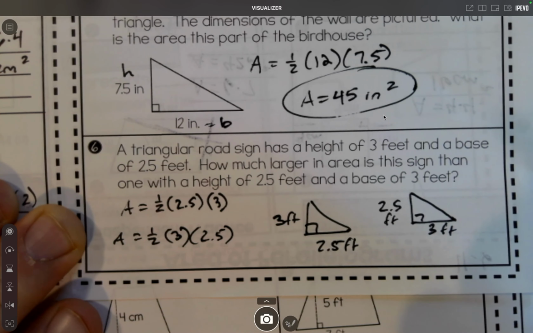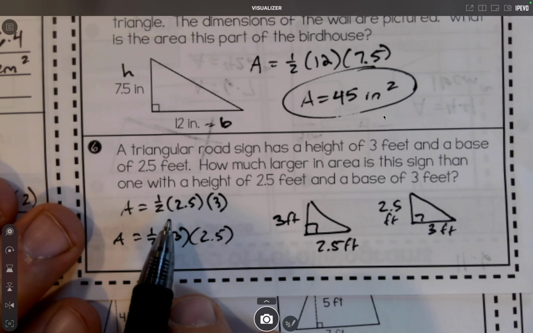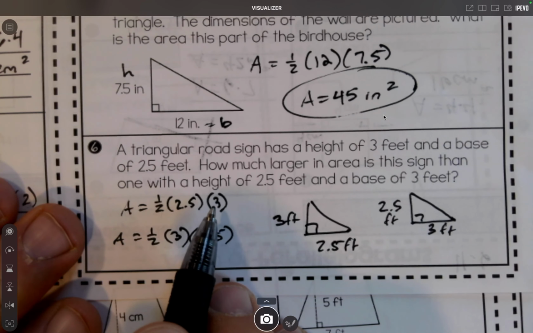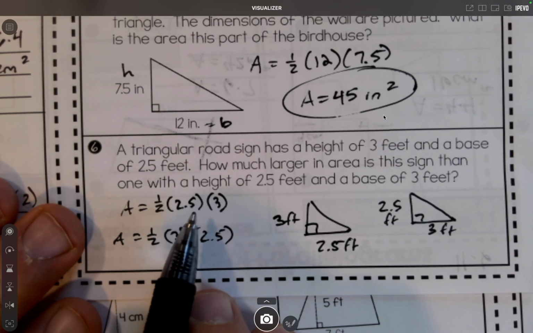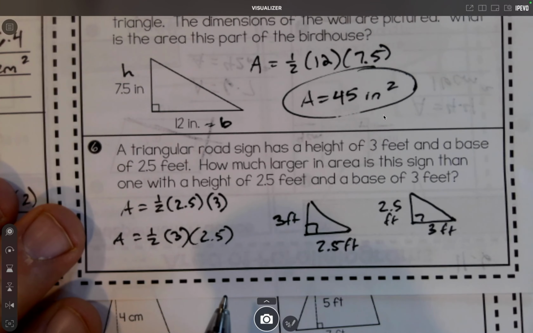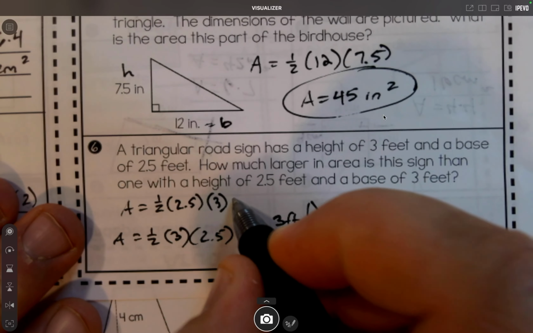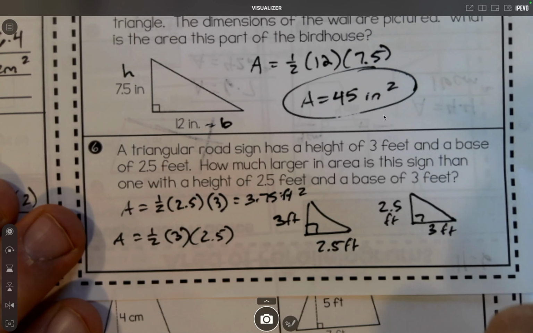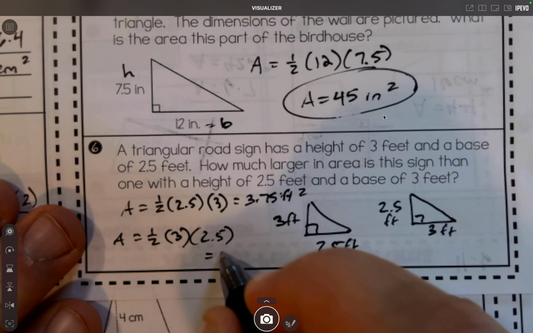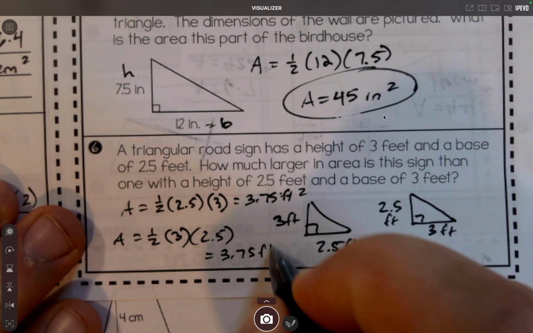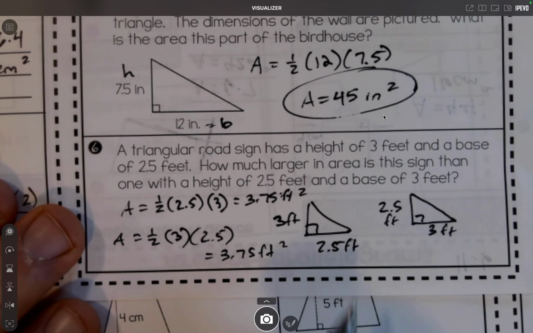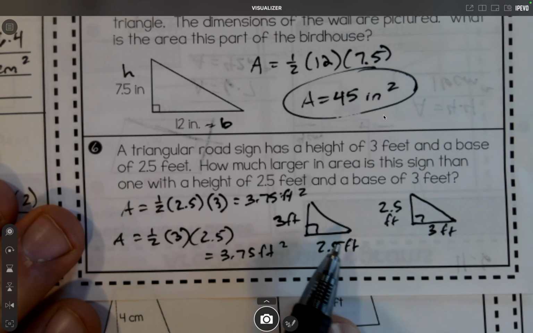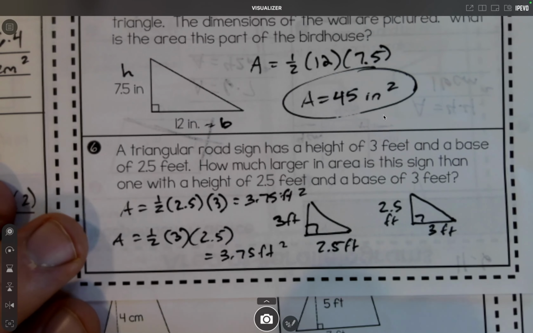Now, some of you, I think, can already see where this is going, because if you notice, these are the exact same numbers. And as I've already talked about, when we multiply, it doesn't matter what order you multiply them in. You multiply these three together, you get 3.75 square feet. Multiply these two together, you get 3.75 square feet. So if the base and the height are the same numbers, doesn't matter which is which. It's going to have the same overall area.